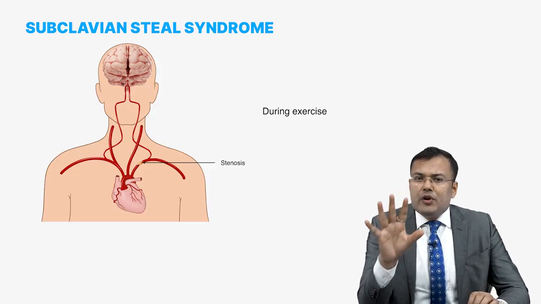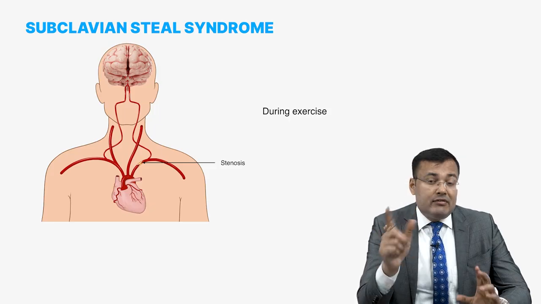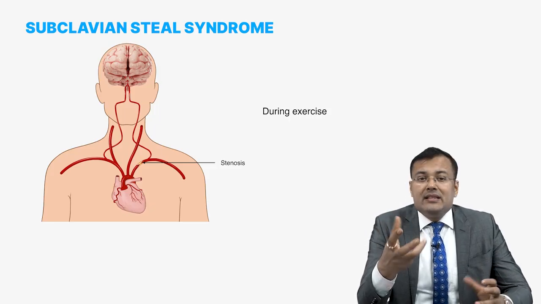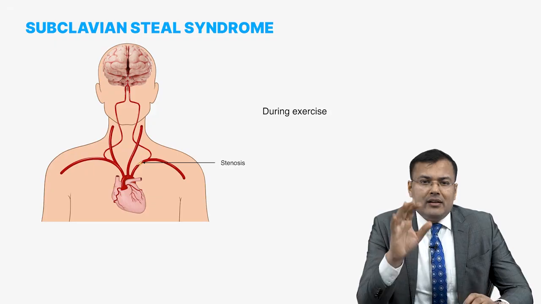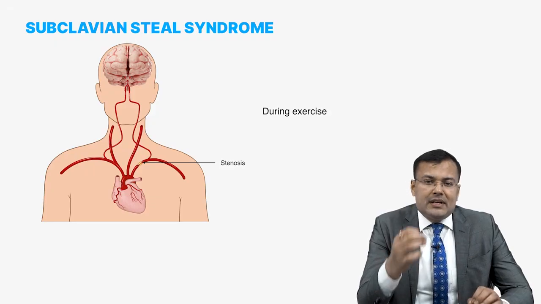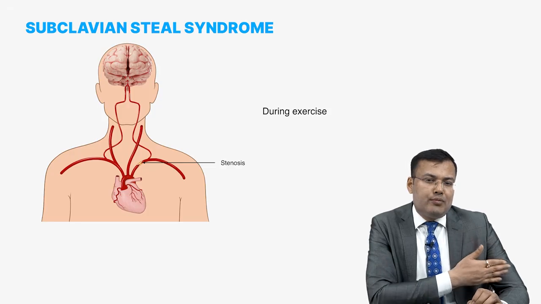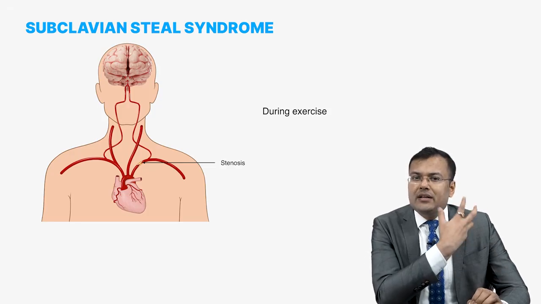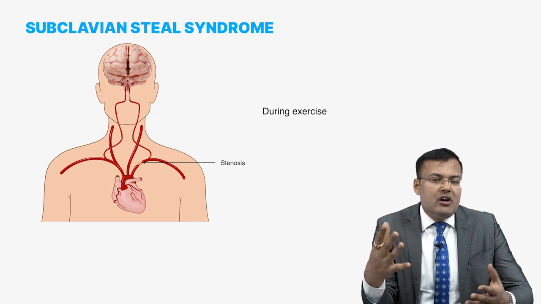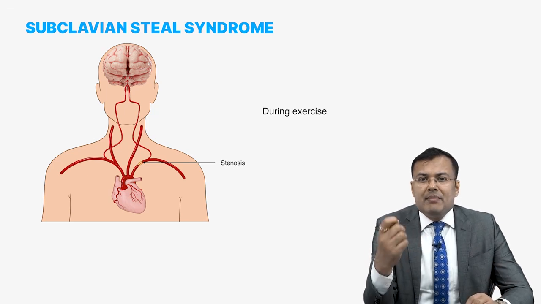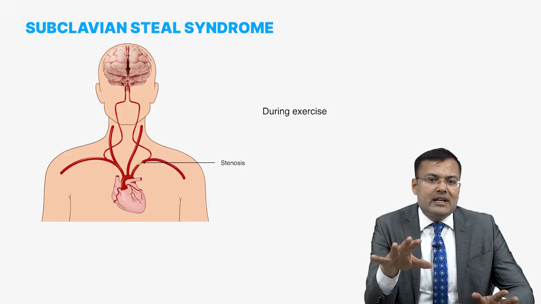You know that during work or exercise, the working muscles need too much blood supply. That's why the arteries supplying the muscles undergo vasodilatation. Because of that, there is a low pressure zone, and that's why there should be increased blood flow.